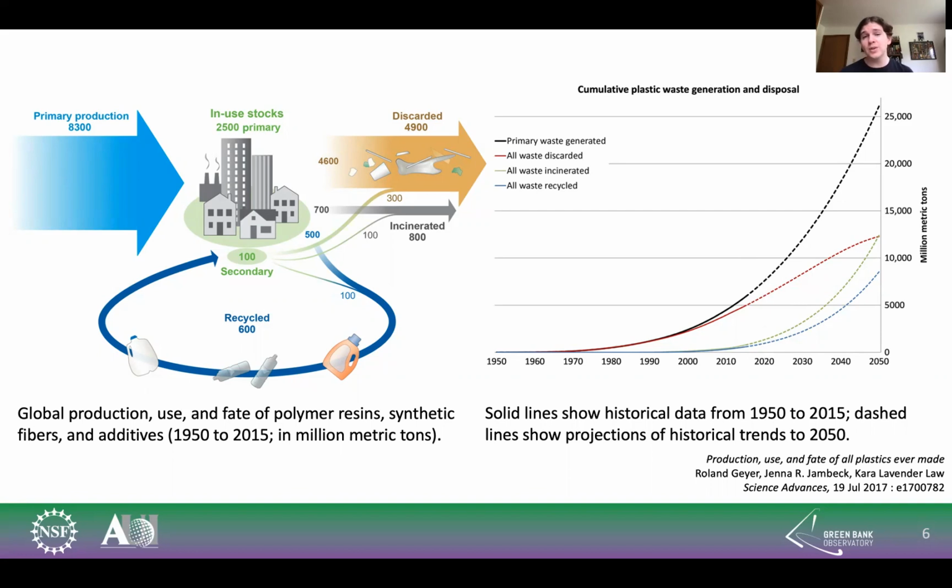And while you will note that this red line, which represents discarded plastics, does seem to decrease in its growth, that does not mean that we are actually appropriately dealing with our plastic waste, as we still have far decreased recycling procedures that don't account for this exponential growth of plastic products.